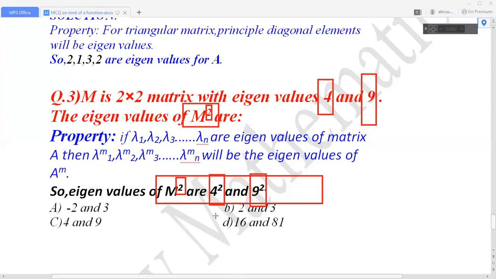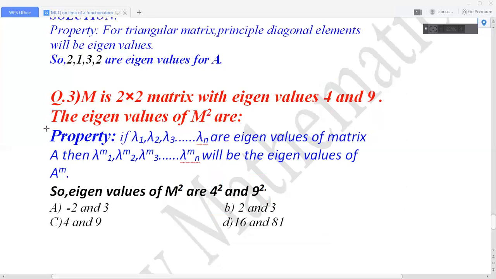So 16 and 81 will be the eigenvalues for M square. So option D is the correct answer for this multiple choice question. Very easy to calculate the eigenvalues for any power of a matrix.